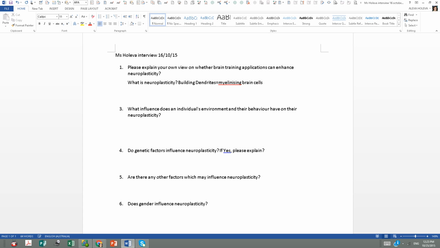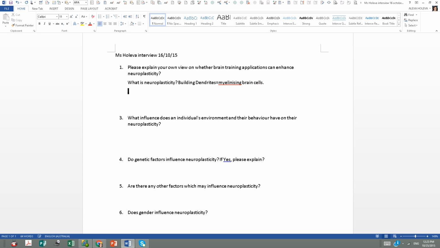If you see a brain cell outside of the action, there is a white thing, a cover, which is similar to the white plastic covering the electrical cables.